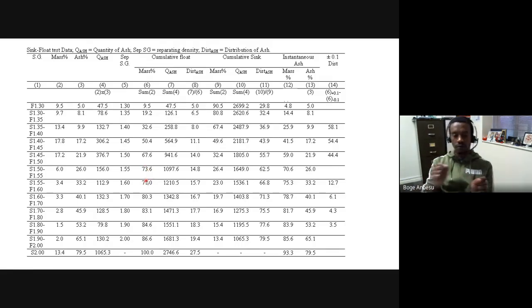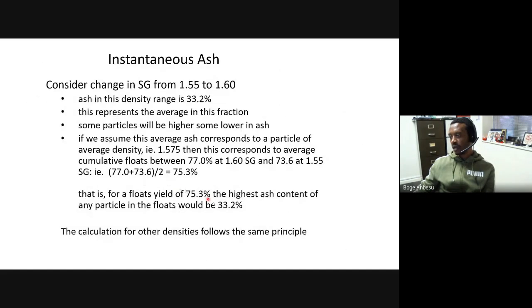So then I can say for average ash content of 32.2, the average float would be 75.3, which is the sum of 77 and 73.6 divided by 2, which is the average of the two. So this is actually what we use as a value for the average, cumulative floats, for an average ash content in this specific gravity range.